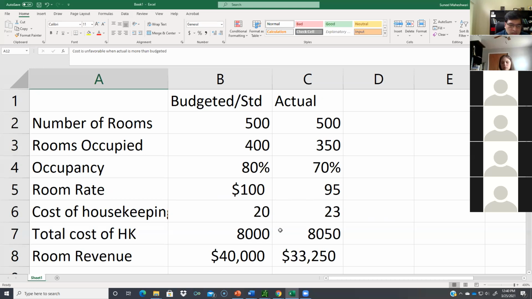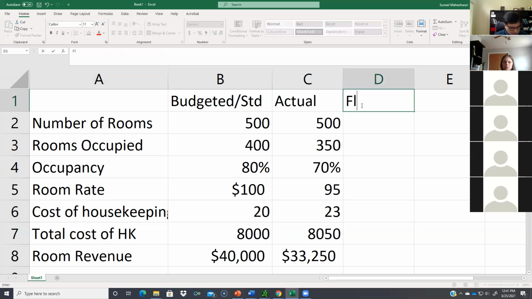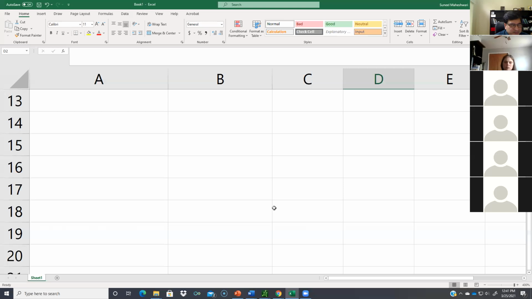Okay, I'm going to come back to this again, and then we will discuss what is meant by flexible budget. I'll come back to this in a minute. Now, before I go back to it, let me ask you another question.